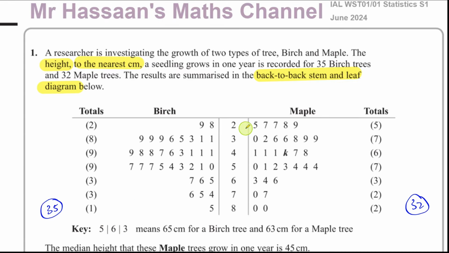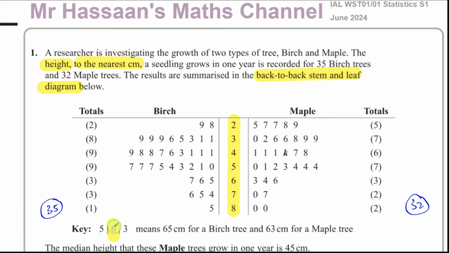So you see, you've got this part of the data. This is called the stem, which is represented by this thing in between the two lines. If we see here, it says 5|63 means 65 for the birch trees and 63 for the maple tree. So this represents a particular piece of data, 65 for the birch and 63 for the maple tree.